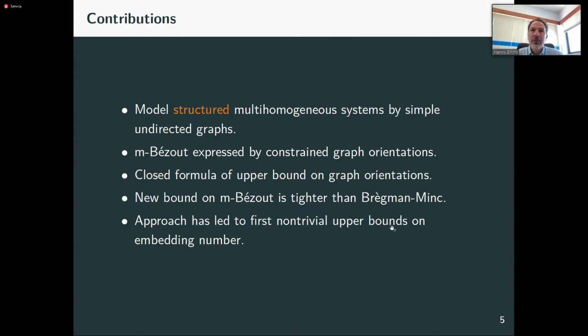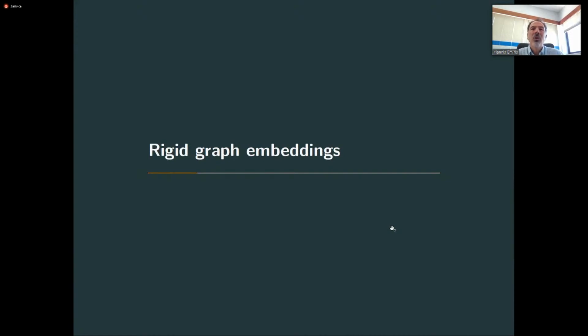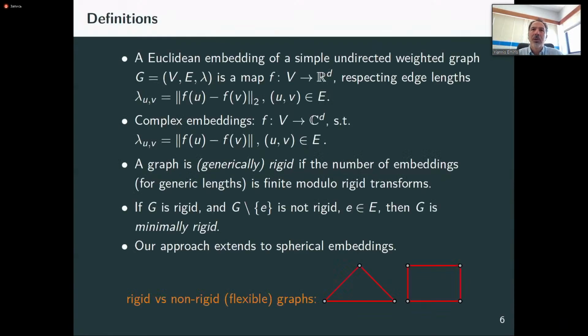Okay, so let me go a bit faster. I'll go back to the combinatorial problem. Given a graph like the ones I showed at the very beginning, I would like to find the coordinates of the vertices. I'm given edge lengths for some of the edges, and I need to find coordinates. In other words, I would like to embed the graph into Euclidean space.